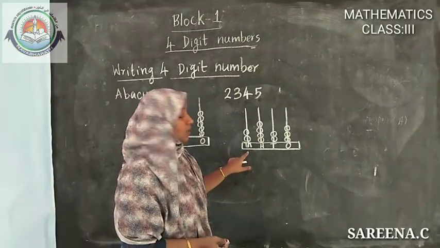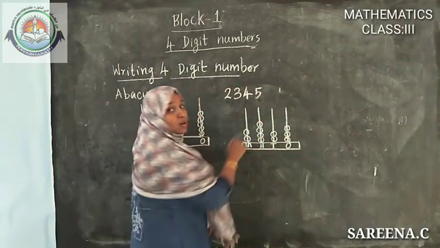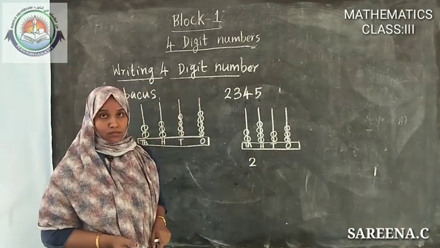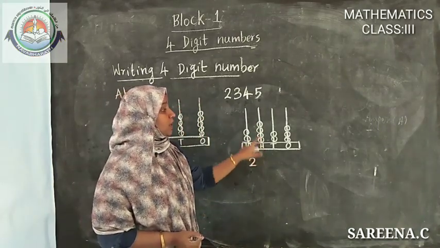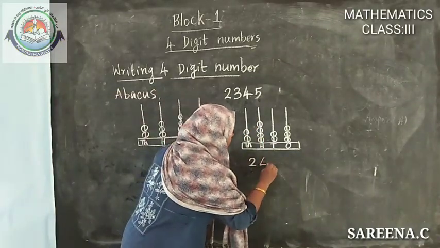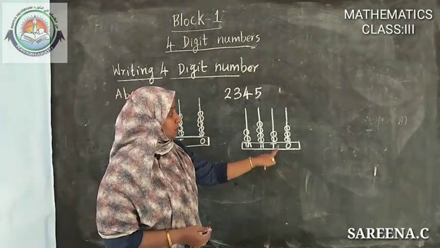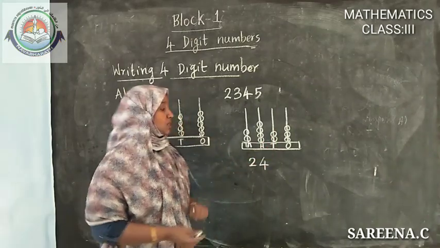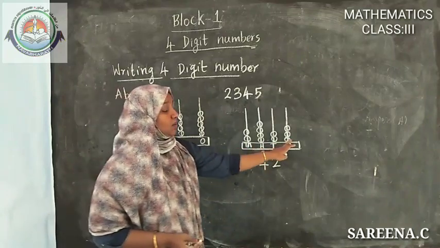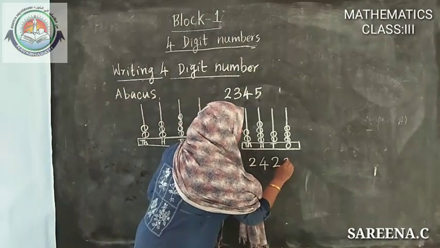First we write the number in the thousands place. We have 2 beads here, so first we write 2. In the hundreds place we have 4 beads, so the next number is 4. In the tens place we have 2 beads, so the next number is 2. And in the ones place we have 3 beads, so the next number is 3.